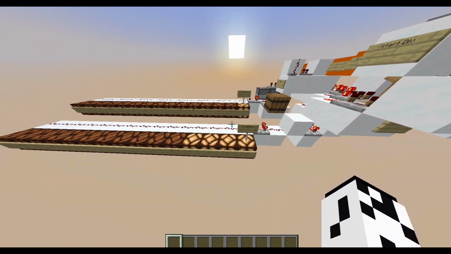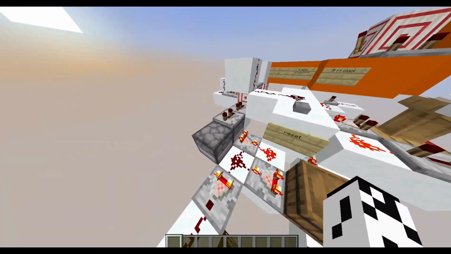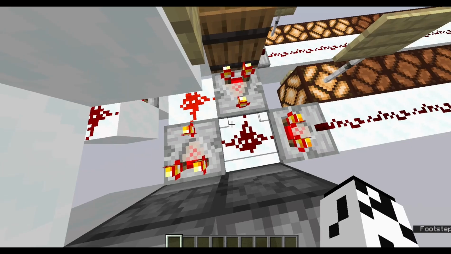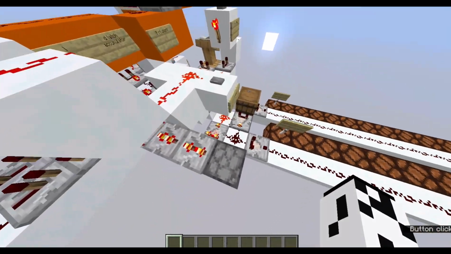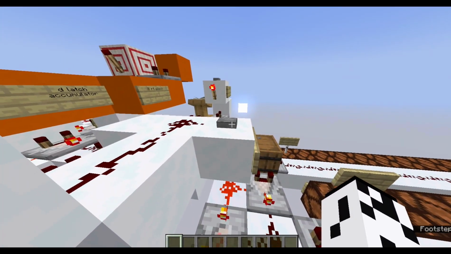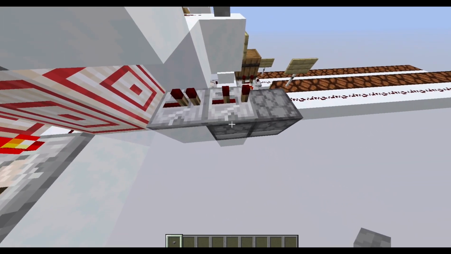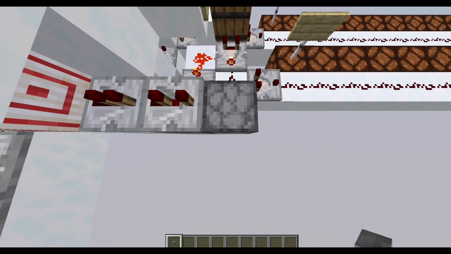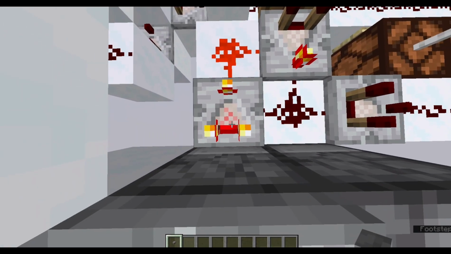Okay, so how does it work? There's a couple parts. We'll start with the counter here. This is a very simple signal strength counter. I can reset it by making the signal strength here 15, and then this becomes 0. The way it works is you send in a pulse here, and that shoots one item over to the side, which makes the signal strength 14.